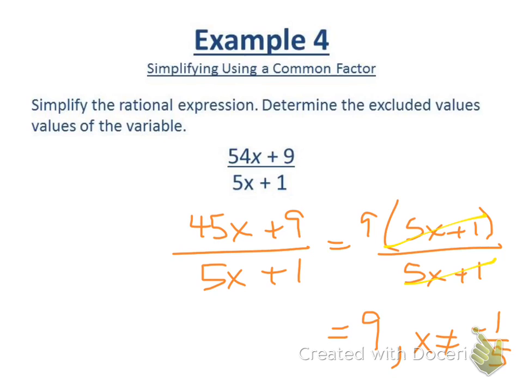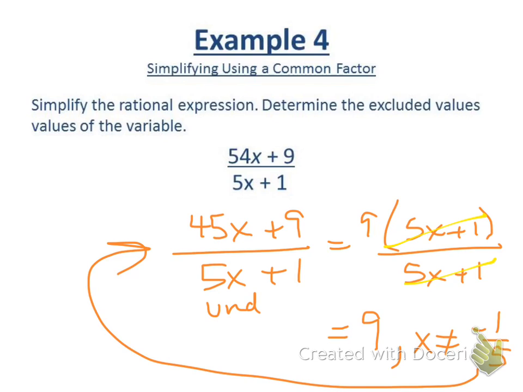And this is why the excluded value is important. If you don't pay attention here carefully and closely, you're not going to catch this. The excluded value qualifies the equal sign. If I put -1/5 into this expression right here, it's what? Undefined. Is something that is undefined equal to 9?